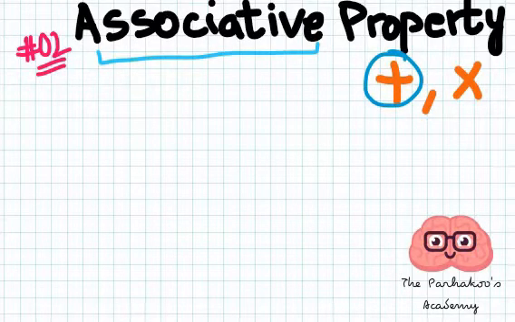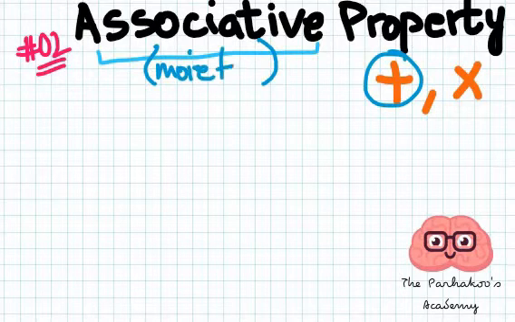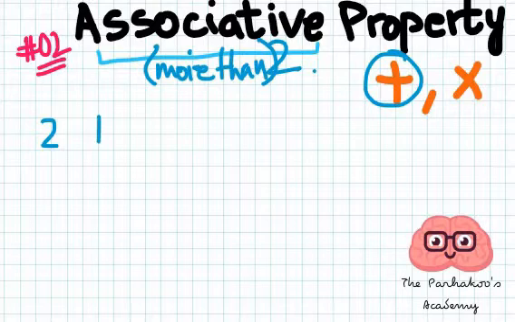It is the property which comes into play when we have more than two operands. So let's suppose we have elements or operands 2, 1, 3, and the operation between them is plus, right?